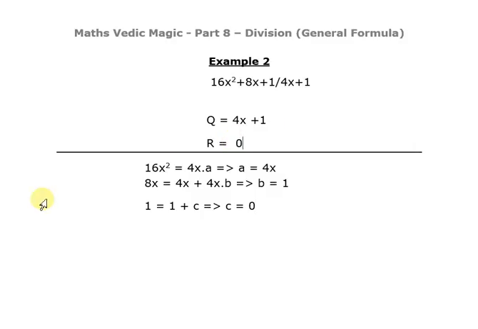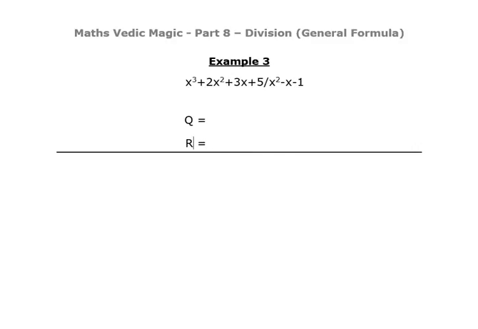In here we have a divisor which is a quadratic equation, and a dividend which is cubic. So let's see how you achieve x cubed. It is equal to the x squared multiplied with something, let's say a. That gives us a equal to just x.